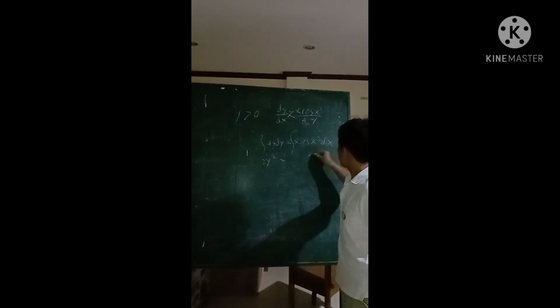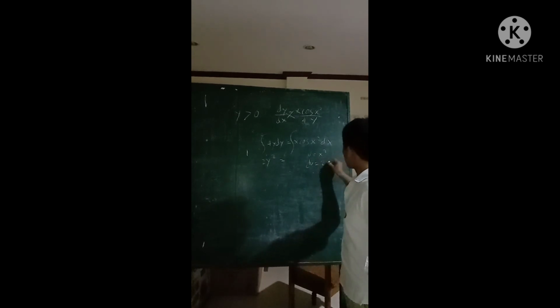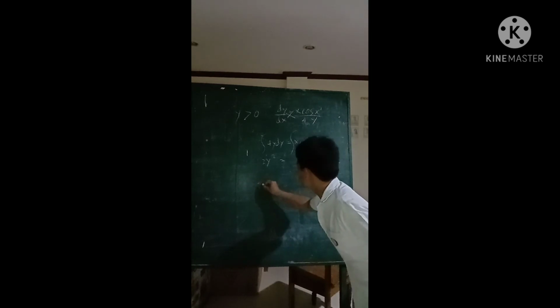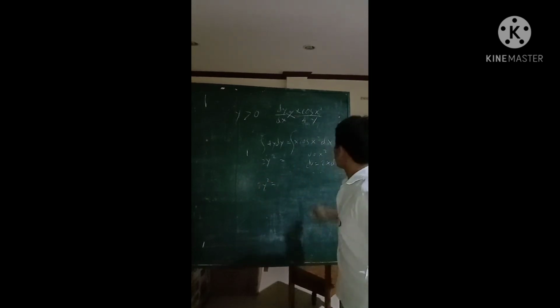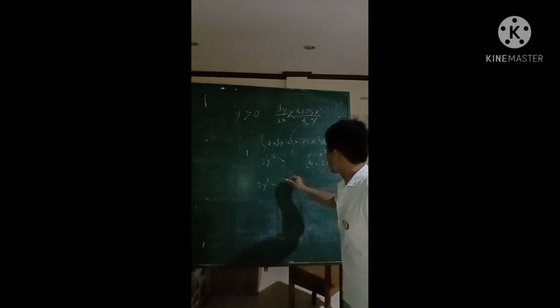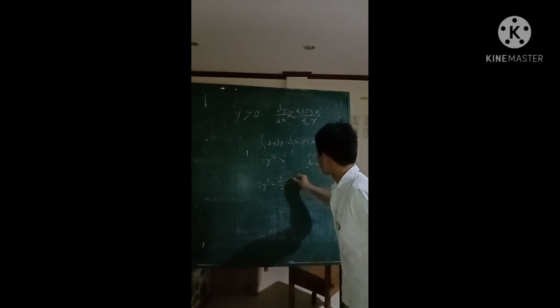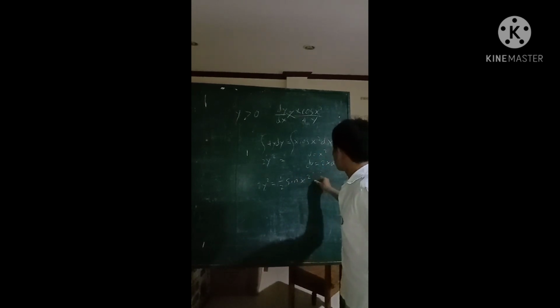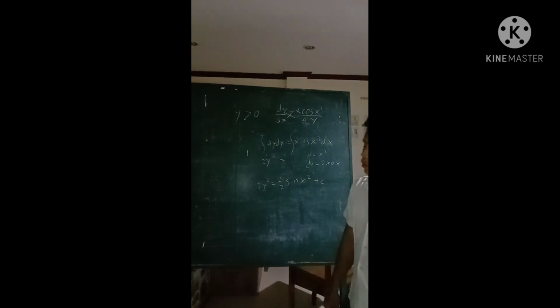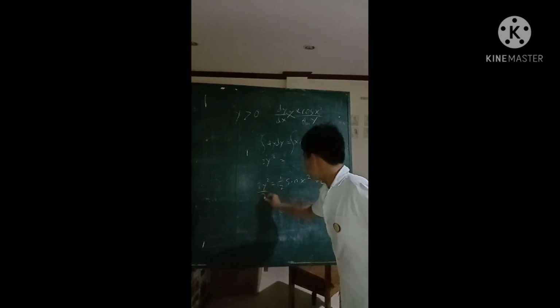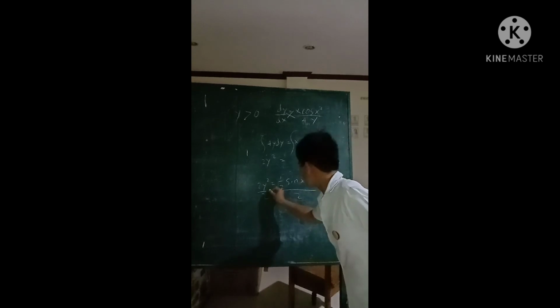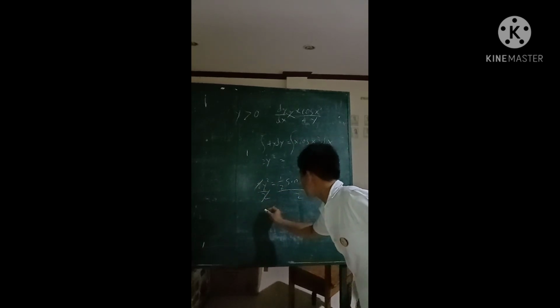So let u equals x squared, du equals 2x dx. So 2y squared equals the integral of cosine u times 1/2 du, which equals 1/2 sine x squared plus c. So we divide by 2 so that we can cancel.